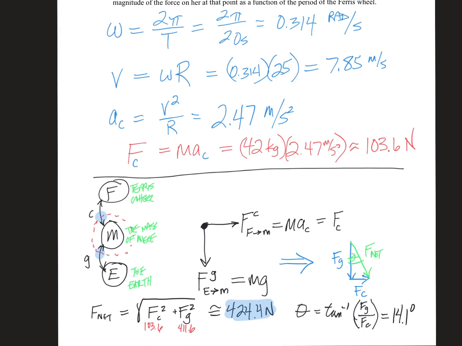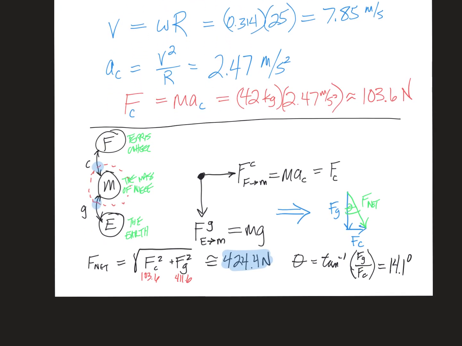You could also have started with what's in black and realized that you need to go get centripetal acceleration. This you'd already have. You could have said, I'm just going to compute that force right now because I know I need it. But this centripetal acceleration, I'm going to need to know the linear speed.